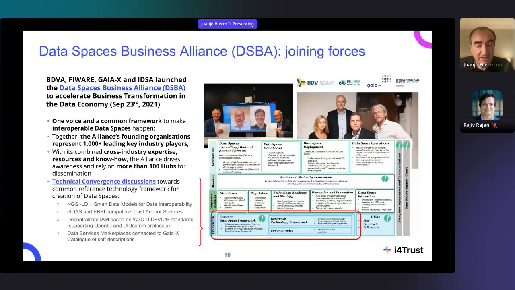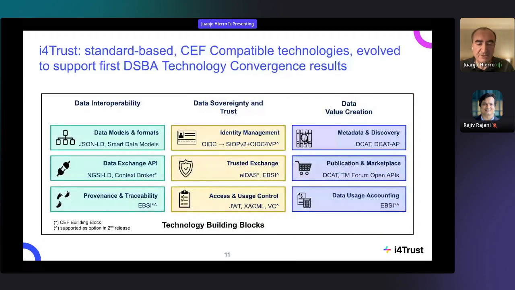So the fact that i4Trust is bringing for the first time a framework that aligns with first results of this effort means that i4Trust is providing something that is future-proof, and those projects that are willing to start thinking how to design the data spaces of the future will have in i4Trust really a good and concrete means to materialize those data spaces.